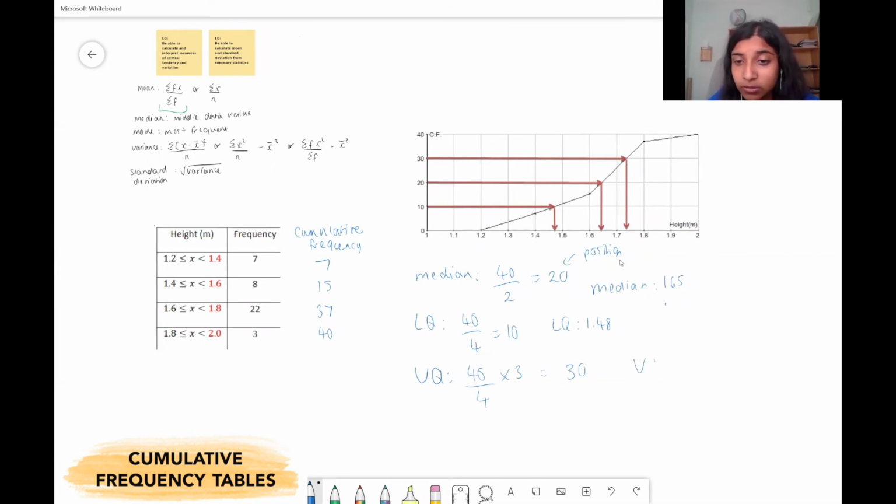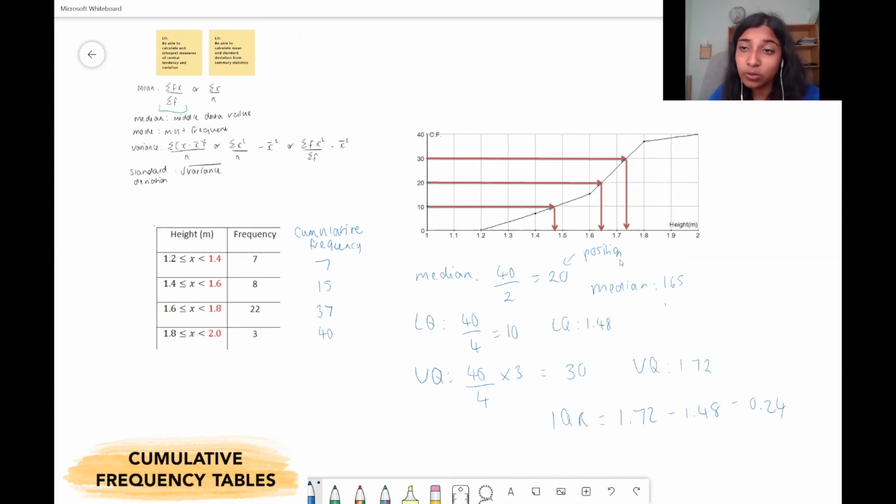So your upper quartile would be around 1.72. And then your interquartile range is just 1.72 minus 1.48, which is 0.24. So that's how you use a cumulative frequency graph to work out your median, your lower quartile, and your upper quartile.